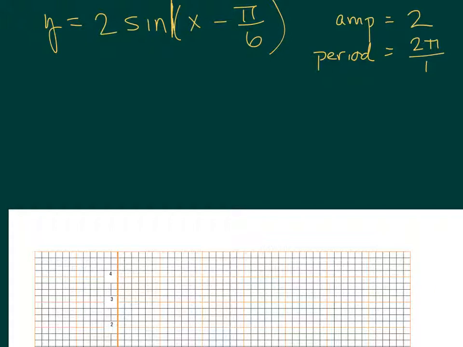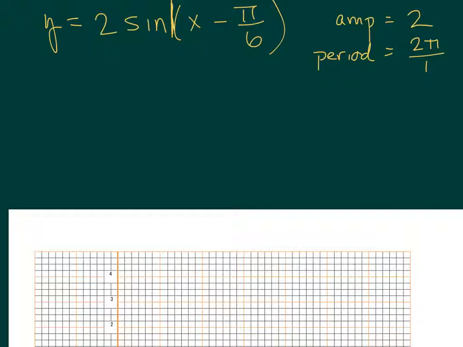So 2 pi over b, so 2 pi over 1 is just 2 pi. And the word period indicates how wide the graph will be to be able to draw one complete cycle of what this graph is doing. So from left to right, we need to go a horizontal distance of 2 pi in order to have one complete picture of the shape of this curve.